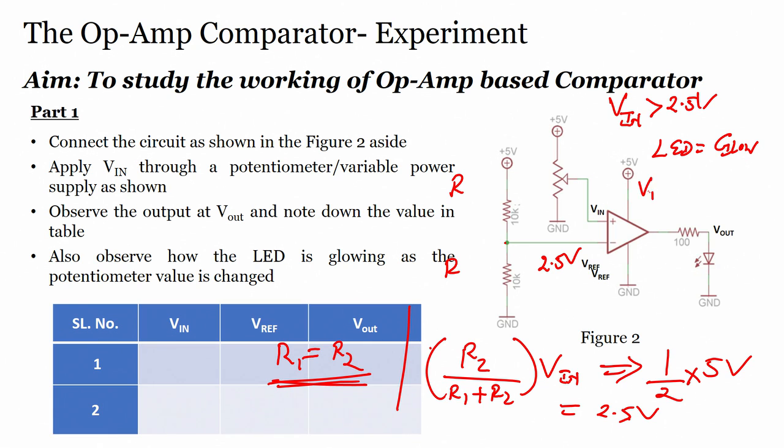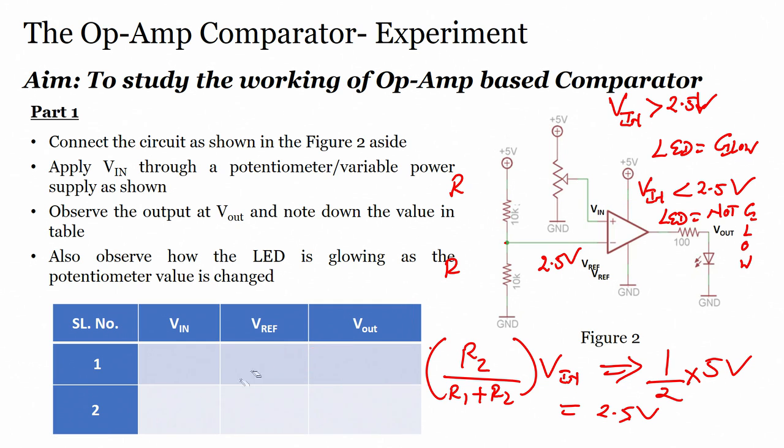And if my V in is less than 2.5 volts, then my LED will not glow, correct. So, what is written here?